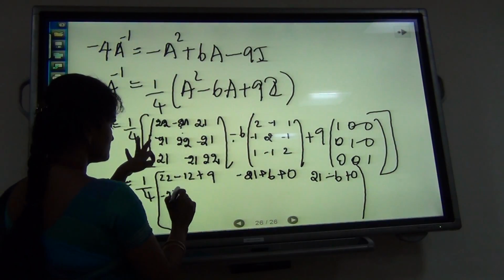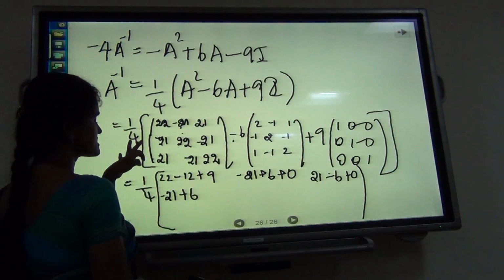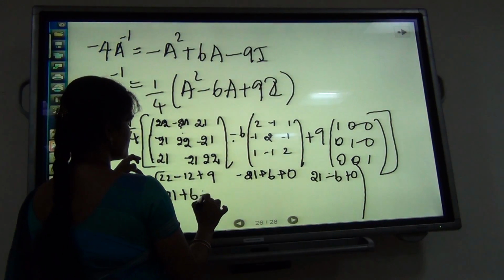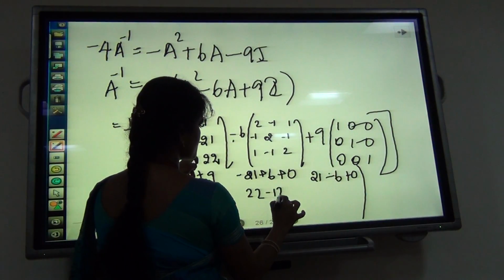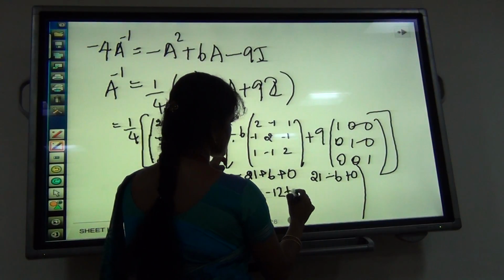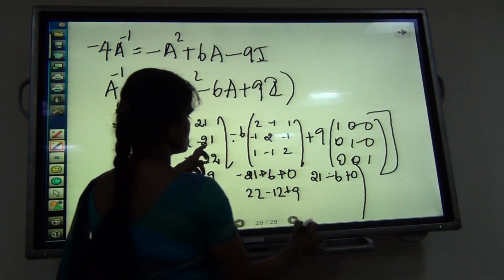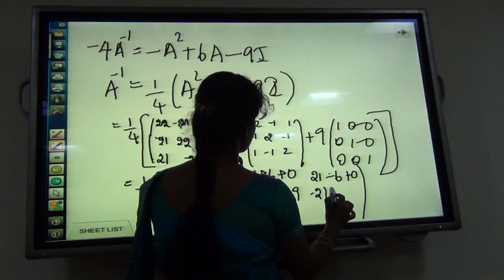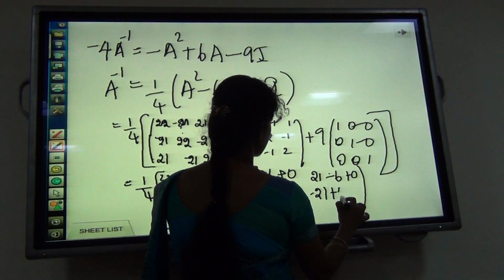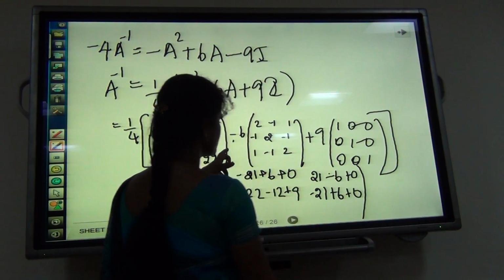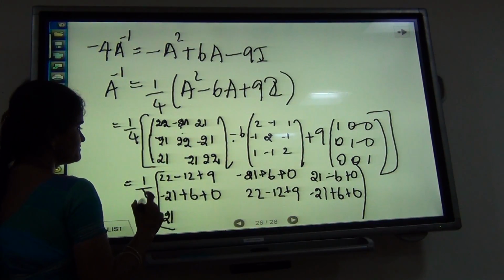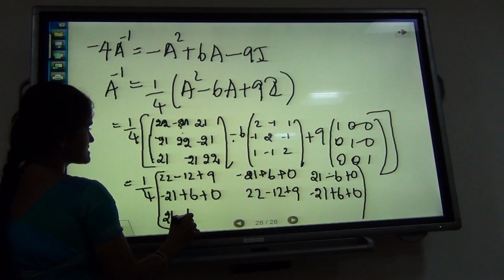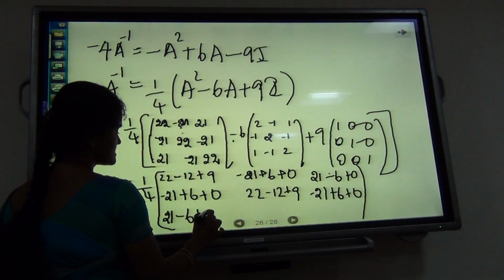Minus 21 plus 6 plus 0. 22 minus 12 plus 9. Minus 21 plus 6 plus 0. 21 minus 6 plus 0.